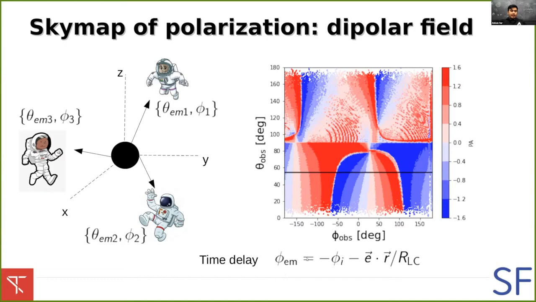And the emission is subject to a time delay, which comes along this E dot R term, given that the ray propagates for a finite distance. So this is the sky map of polarization, and if we fix a viewing angle, we can recover the polarization curve.